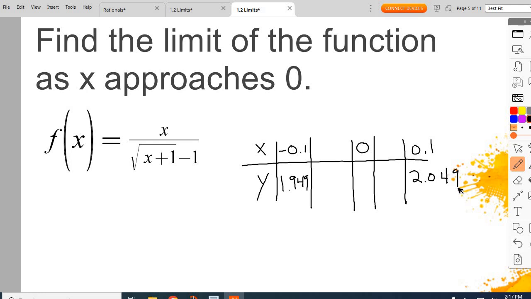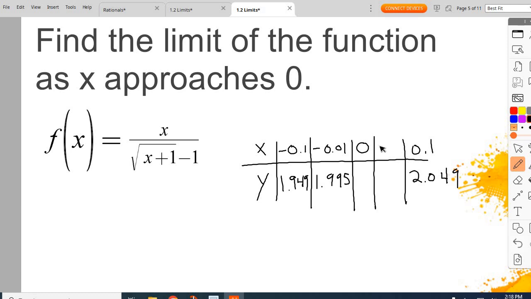So I'm going to start it at negative 0.1, and I'm going to have my table step be 0.01, and again go back to second and table. So now, if I make my next value here negative 0.01, I get 1.995, which shows me a little bit of a clearer pattern.